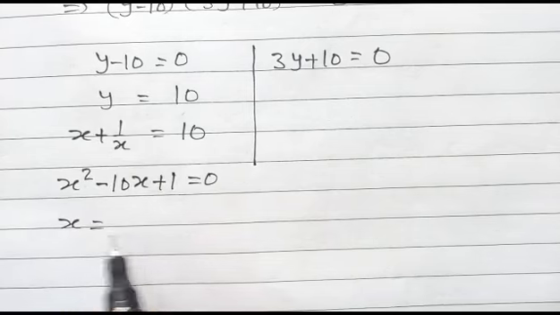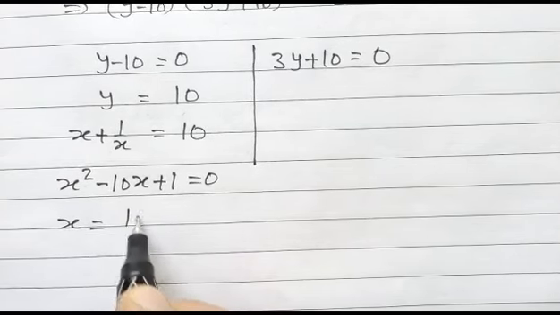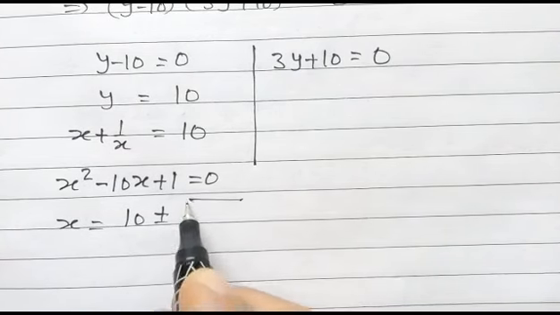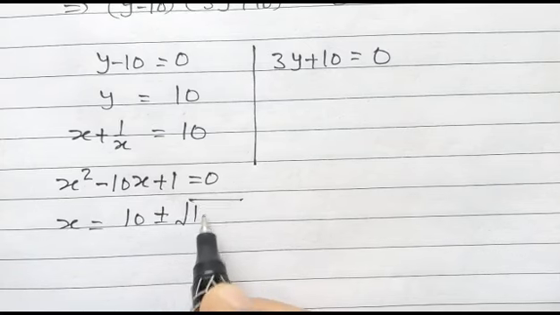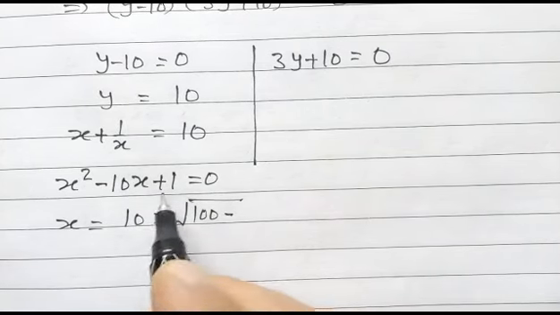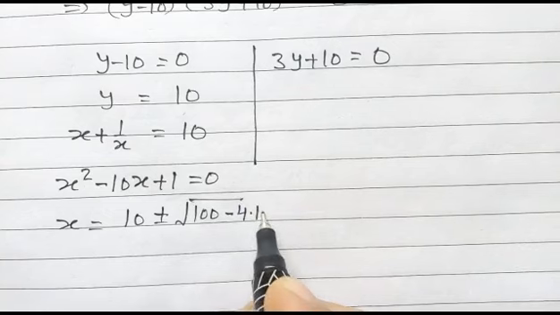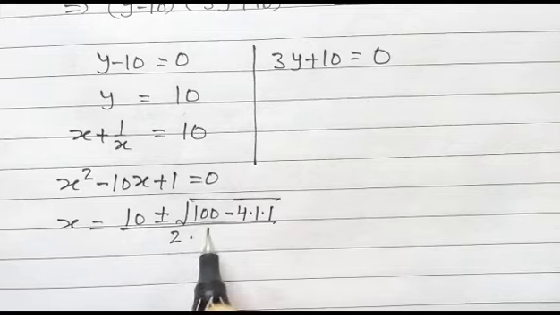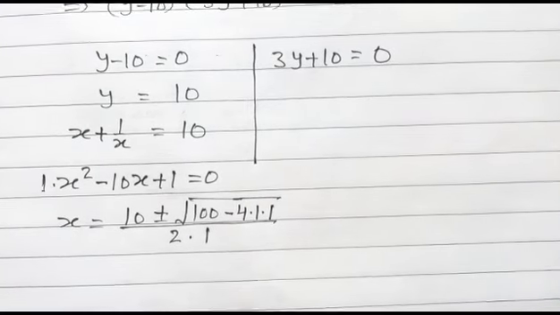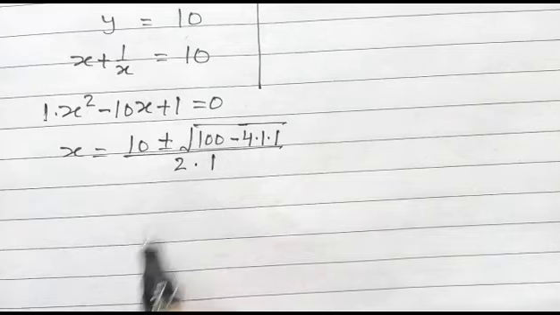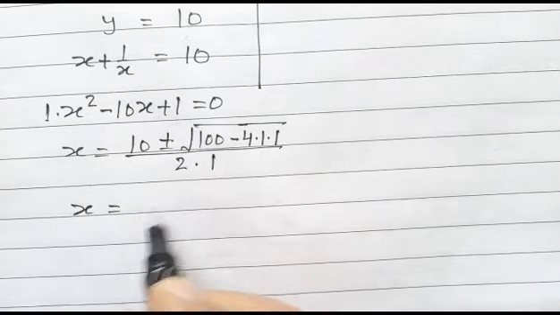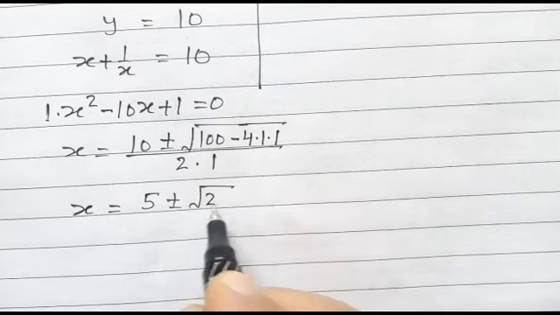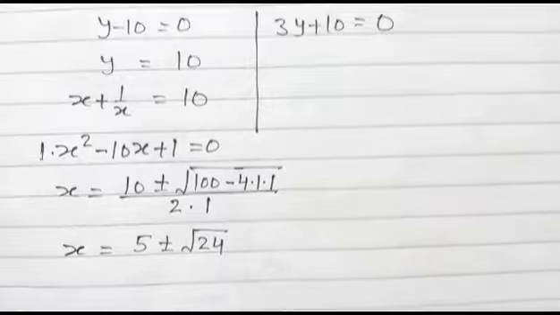So x = (10 ± √(b² − 4ac)) / 2a, that is √(100 − 4·1·1) over 2·1, so x will be equal to 5 ± √24.